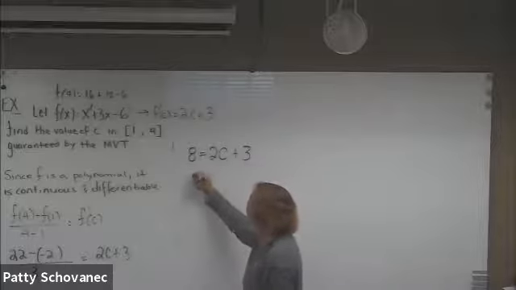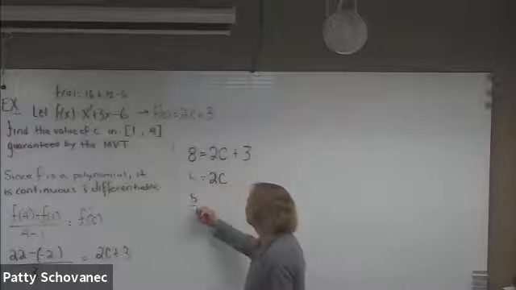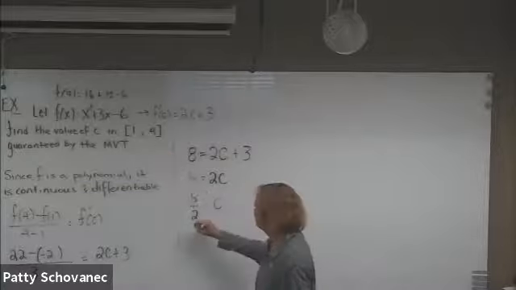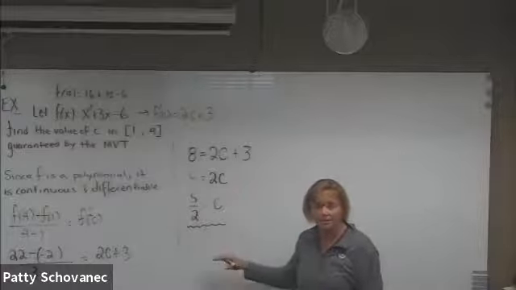Subtract 3 and I get 5, so c is 5 halves. And that's certainly in here. So we said there would be one. There could be several, but in this case, there's only one.